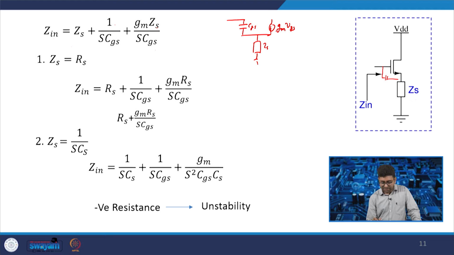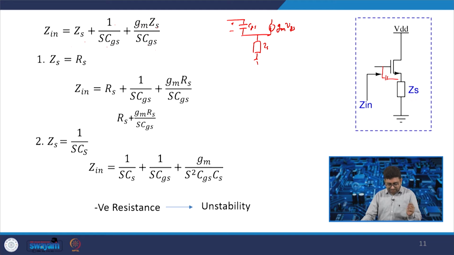So, gm by SCGS, because the voltage here is nothing but 1 by SCGS across the VGS. So, we will get Zin, which is ZS plus 1 by SCGS plus gm ZS into SCGS.